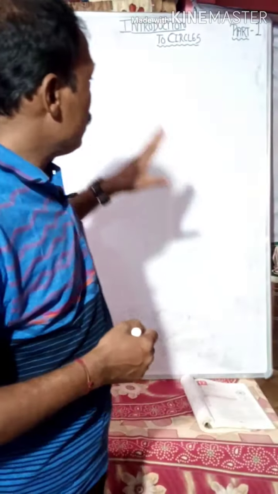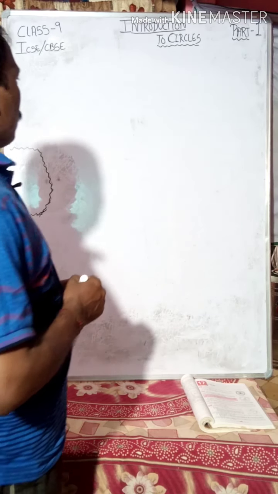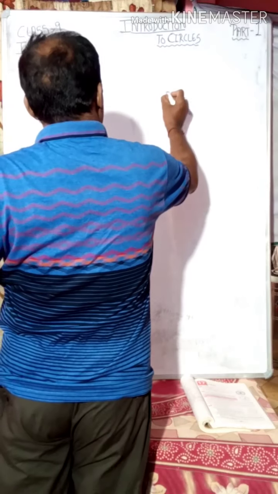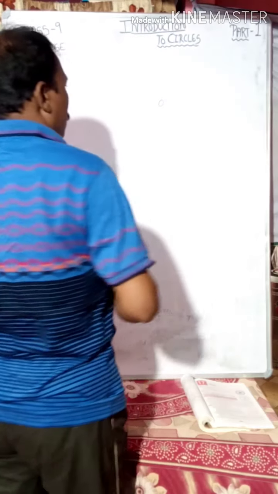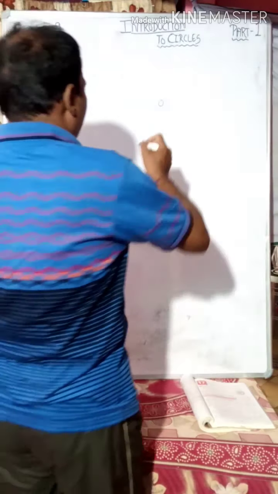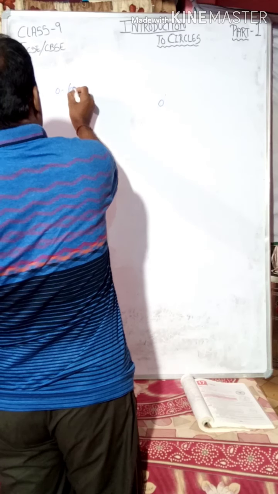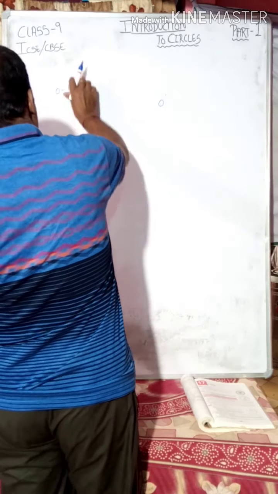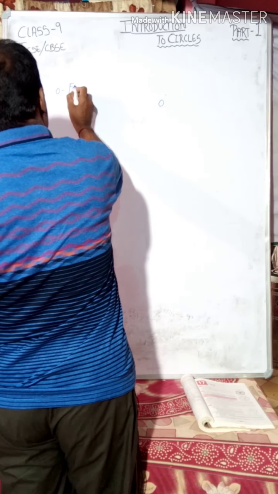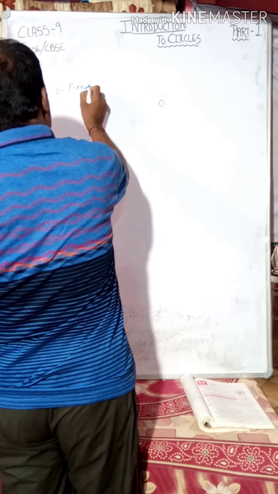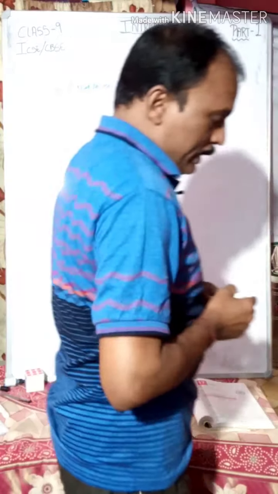Now what is a circle? First we will clarify the circle. Suppose here is a point, that is O. O is a fixed point.